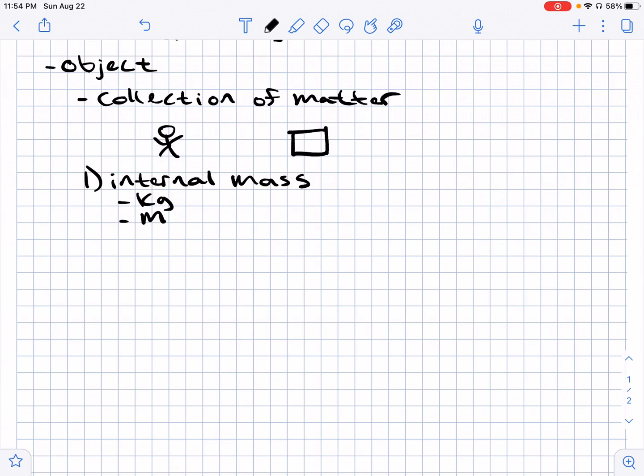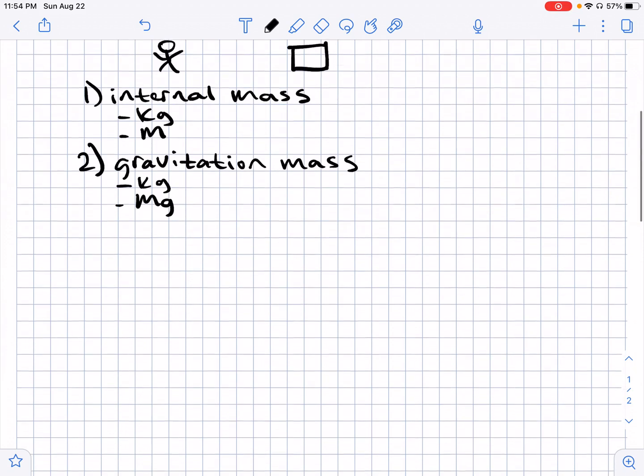Another property that we have is the gravitational mass. The gravitational mass of an object is also measured in kilograms, but the symbol we use is m subscript g. And that gravitational mass is what causes the object to exert gravitational forces on another object.